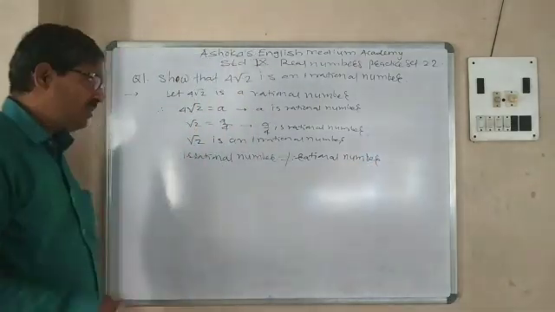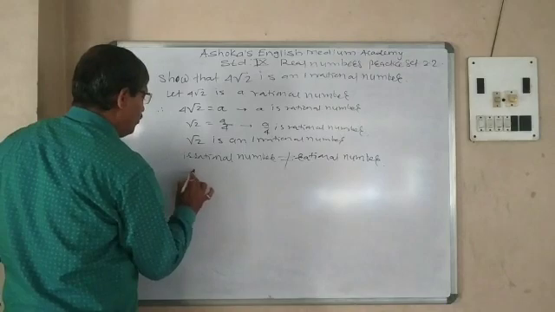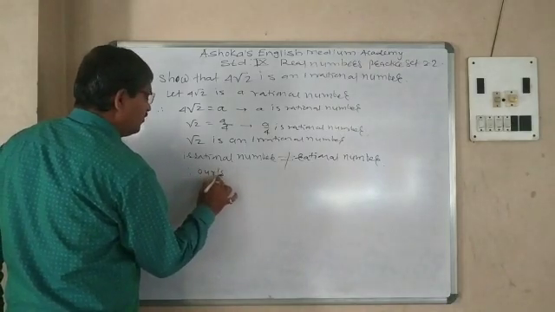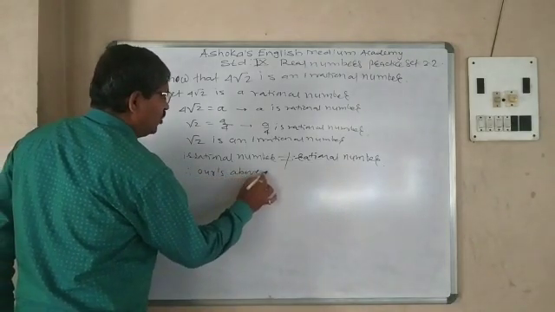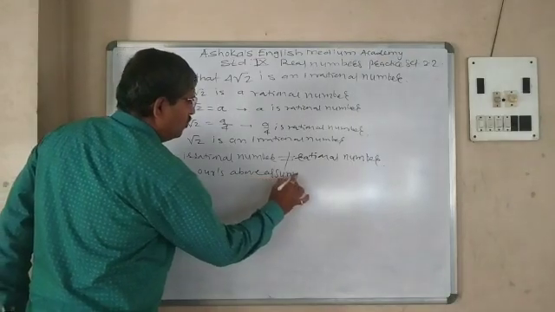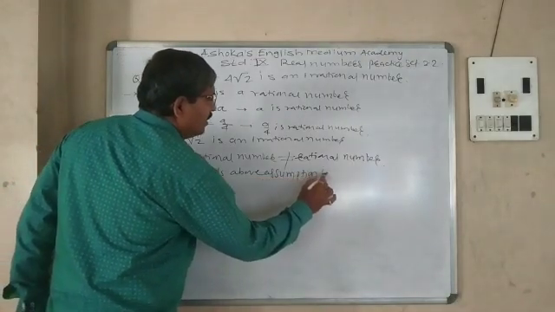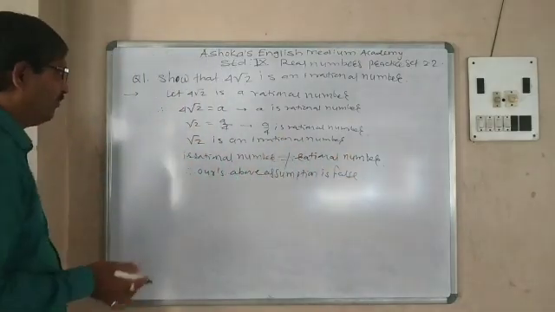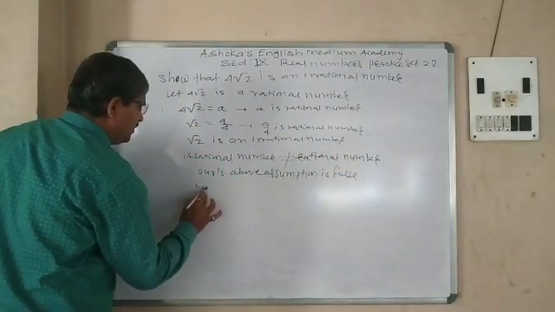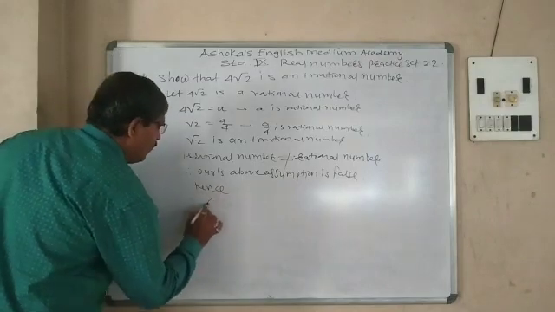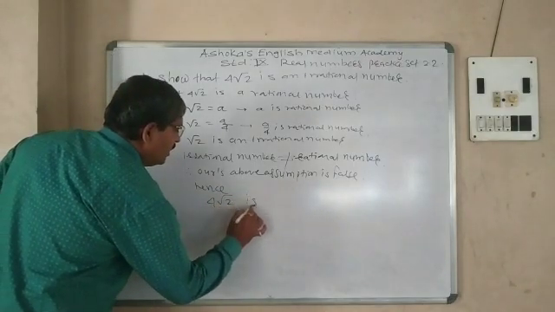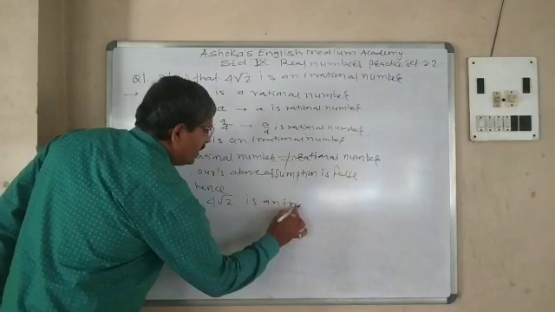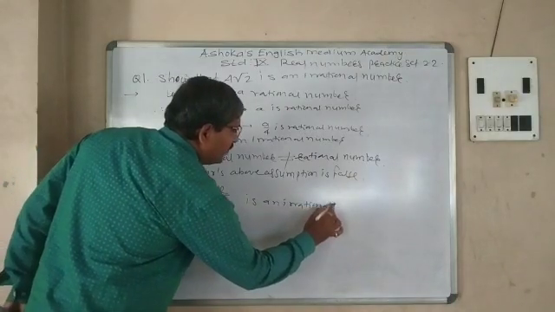Understand what I told? Therefore, our above assumption is false or wrong. Hence, 4 root 2 is an irrational number.